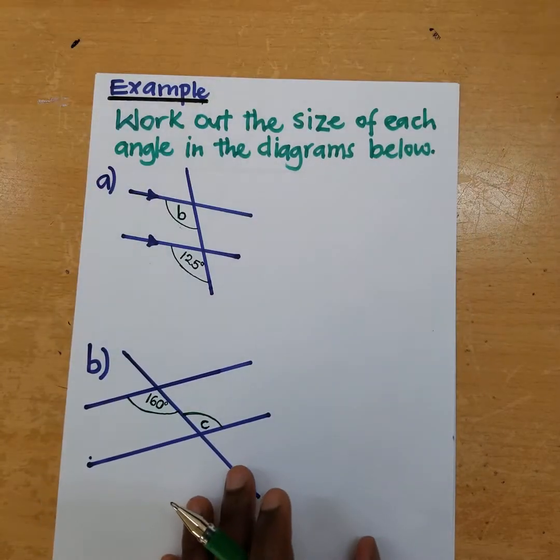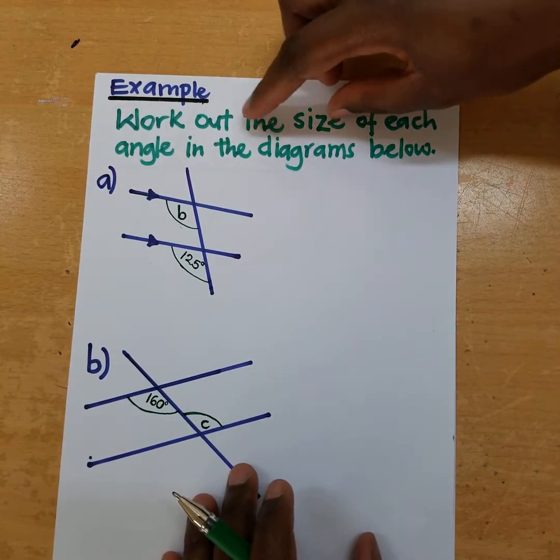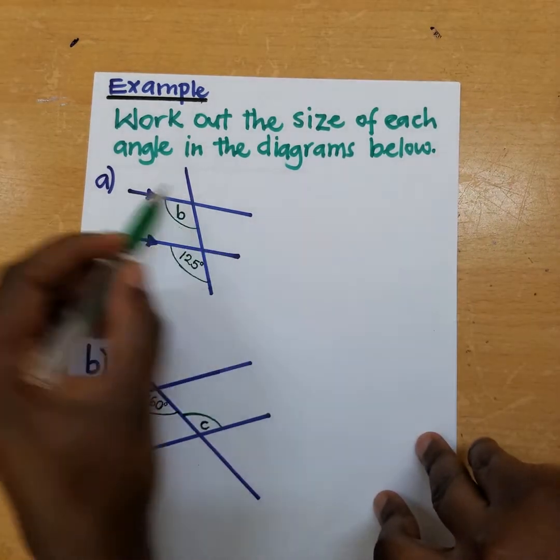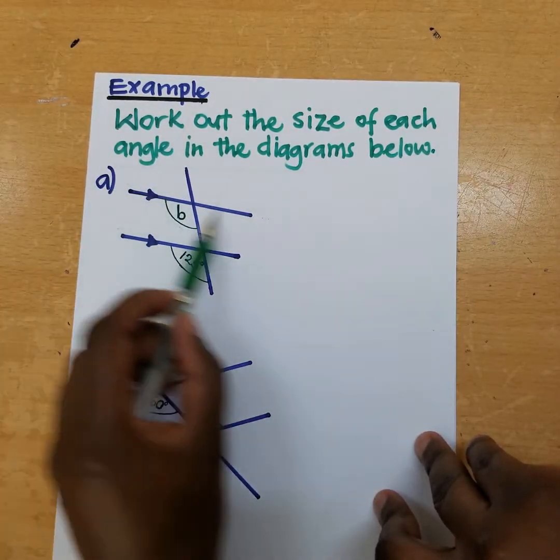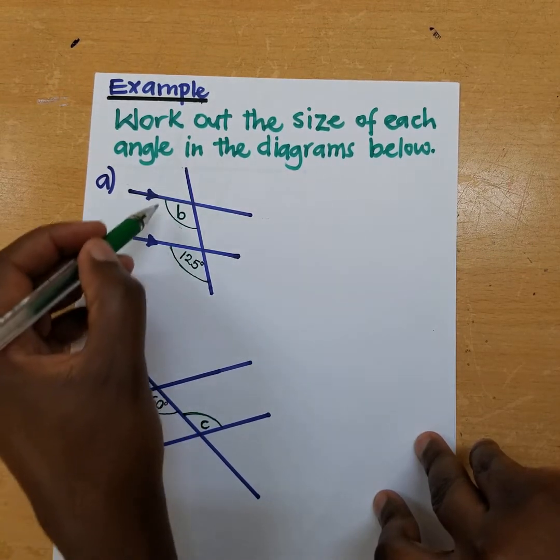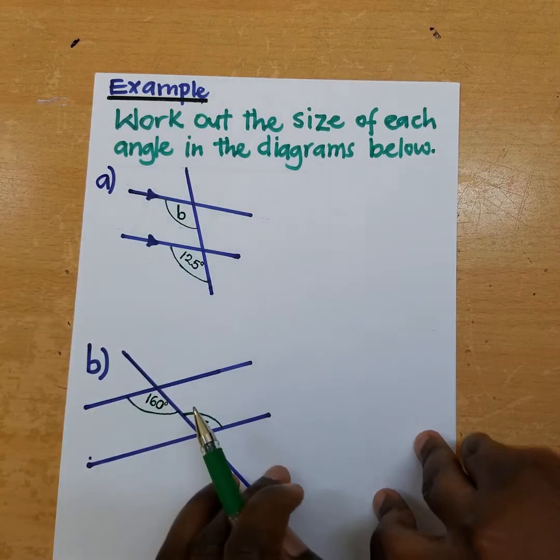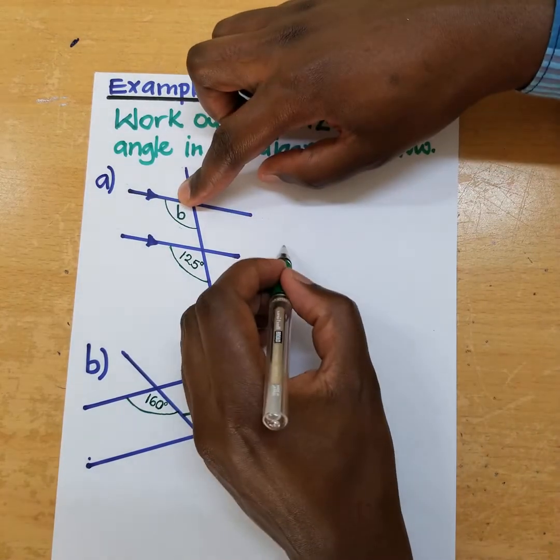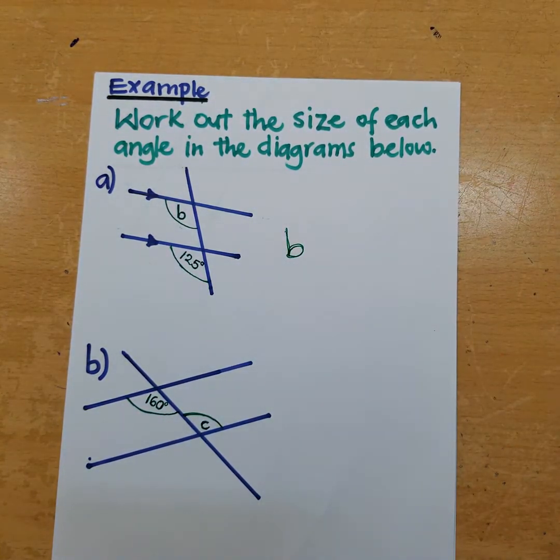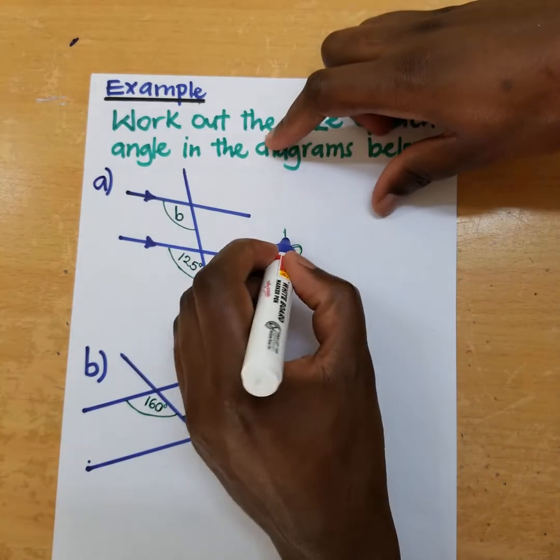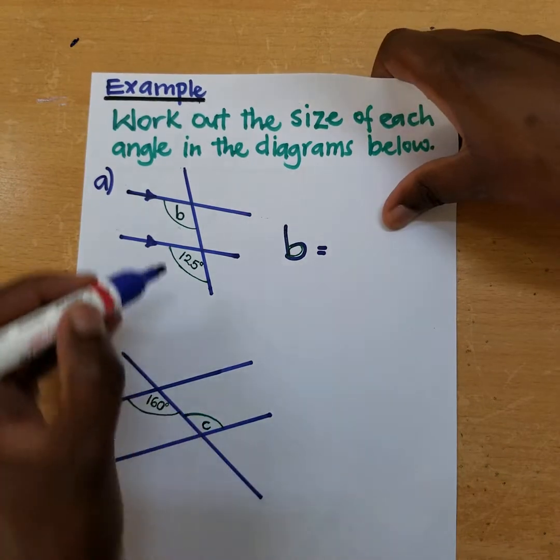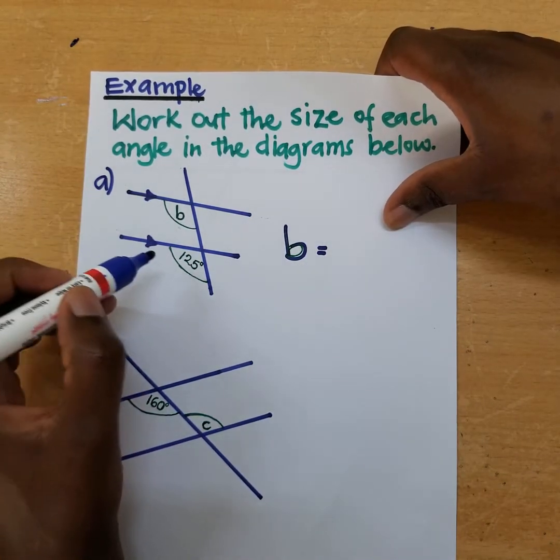Let's try an example. Work out the size of each angle in the diagram below. I have two parallel lines, then I have a transversal. This angle and this angle, what is the size of B? B will equal, remember what we said about corresponding angles?